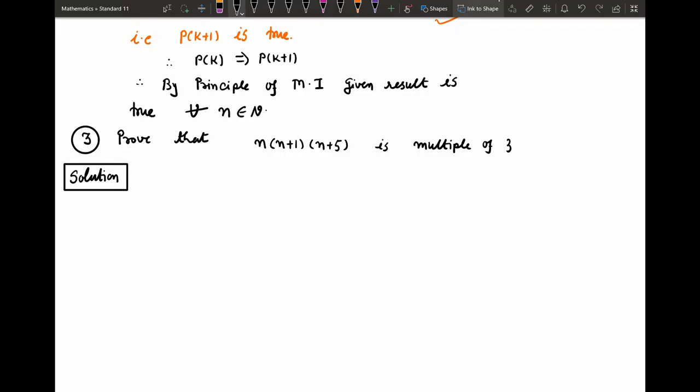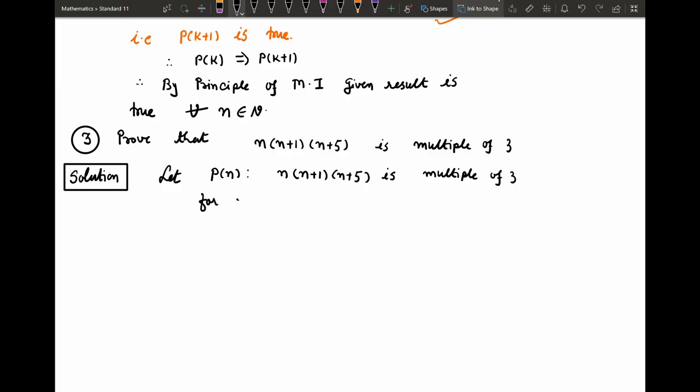So let us denote this statement by p of n. Now the statement is: number n into n plus 1 into n plus 5 is a multiple of 3. So let us prove result is true for n equal to 1.